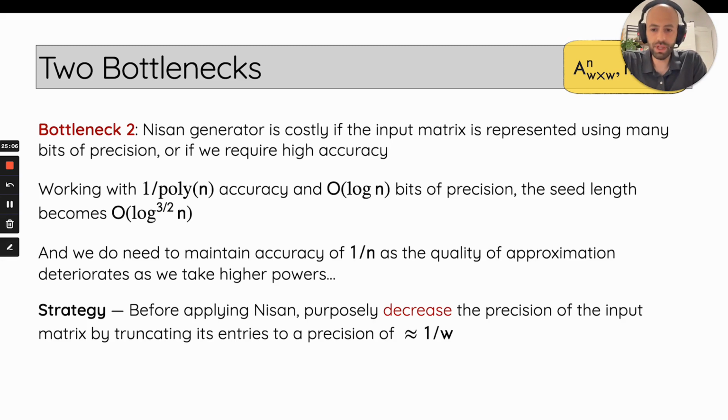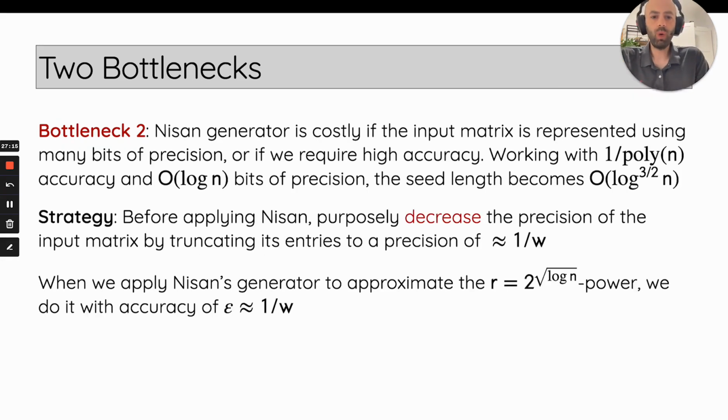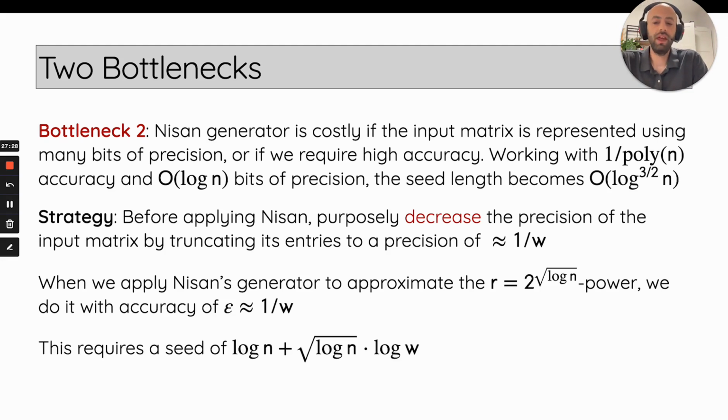So our strategy would be, before applying Nisan, we purposely decrease the precision of the input matrix by truncating its entries to a precision of 1 over W. If we both truncate the matrices to a precision of 1 over W and use Nisan's generator with error 1 over W, recall that W is much smaller than n, then the required seed length of Nisan's generator will be log n plus square root log n times log W, which is good for us.